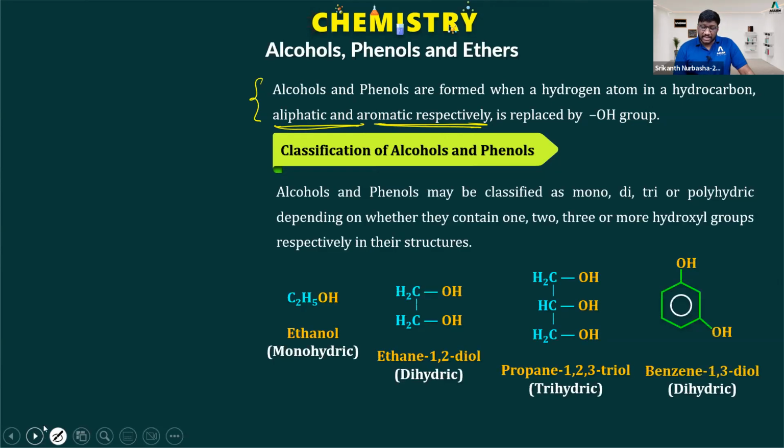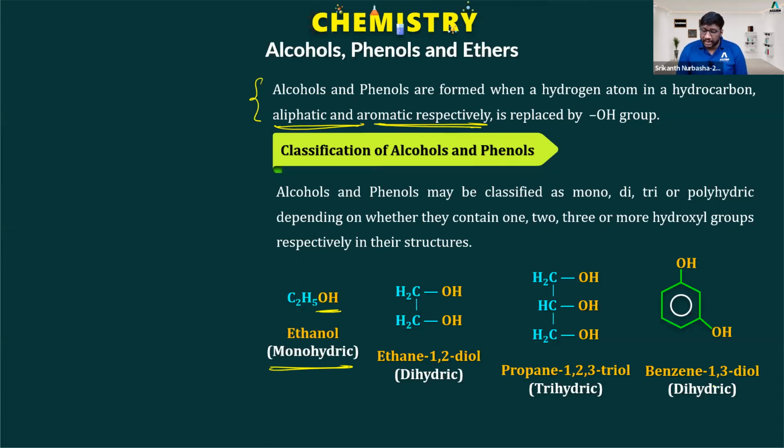Classification of alcohols and phenols. Alcohols and phenols may be classified as mono, di, tri, or polyhydric, depending on whether they contain 1, 2, 3, or more hydroxyl groups. If you have ethanol, only one OH group is there, so it is monohydric. Dihydric: ethane 1,2 diol, CH2OH-CH2OH. Propane 1,2,3 triol, CH2OH-CHOH-CH2OH, is trihydric.